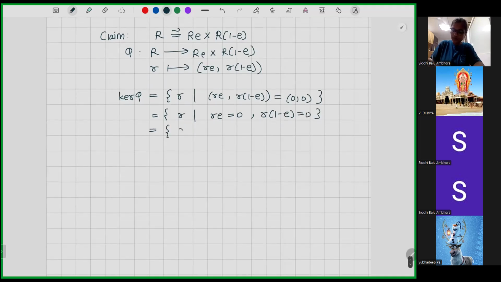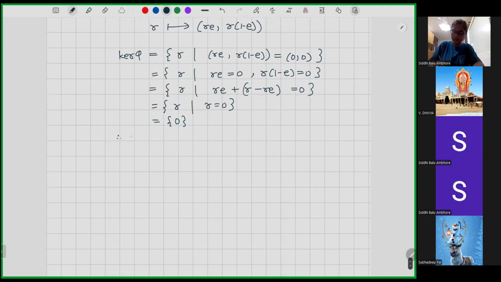Since rE is 0 and r(1 minus E) is 0, their addition will again be 0, so r plus rE is equal to 0. So r is 0. So the kernel is just 0. Therefore, phi is injective. Injectivity was not a problem anyway.